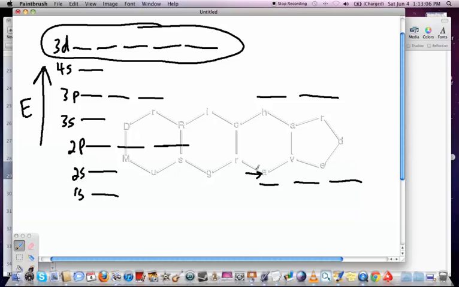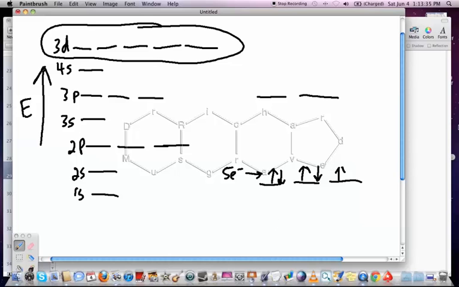I'll show you how to figure out how many electrons we're going to put in. We're going to put 5 electrons in here. According to Hund's rule, I have to put 1 in here, then 1 in here, and 1 in here. Now these are too far away for me to put electrons in there as well. So what I'm going to do is put 1 in here, and then 1 in here. But I have to put 3 here separately first, because they're the same energy, and then I put the other 2 in.